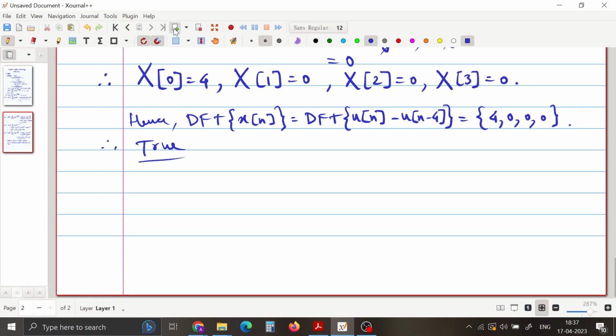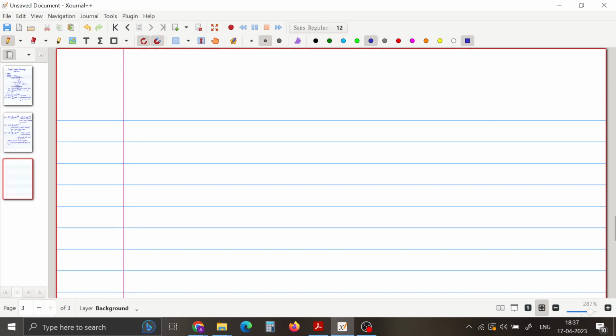Let me go to a fresh page. So the second one again, we concluded this is true. And now coming to the justification which I dictated verbally.